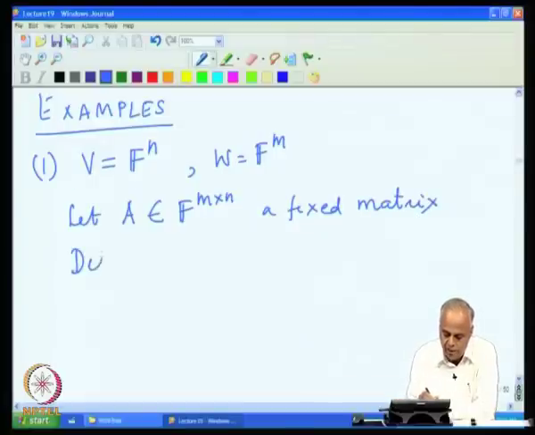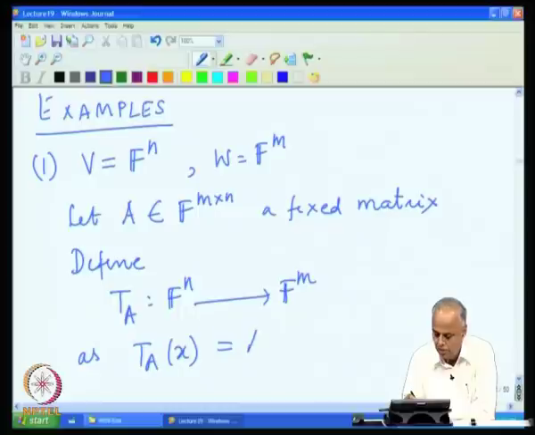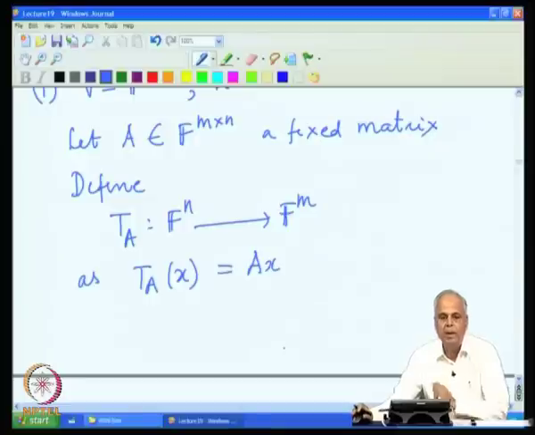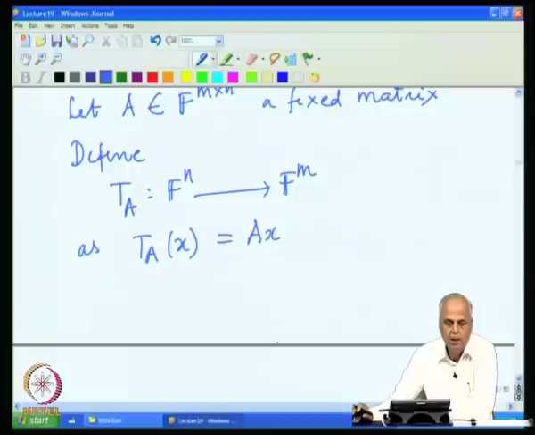Then we defined a linear transformation T A from Fn to Fm as T A takes any vector x to the vector A times x, and since A is m by n and x is n by 1, the result will be m by 1 and therefore, it will be in Fm.